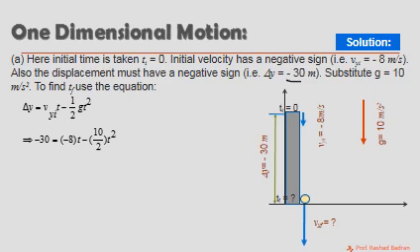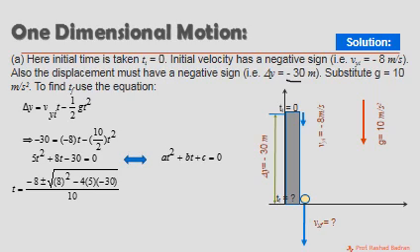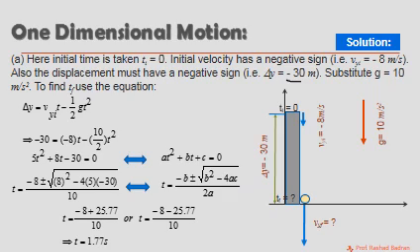And then we get this quadratic equation, which looks like the standard quadratic equation. So the solution corresponds to the standard solution of such a quadratic equation, and the time obtained here is 1.77 seconds, which is the time of the trip of the ball as it reaches the ground.